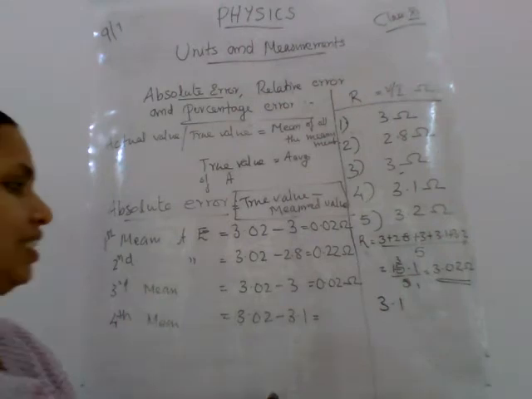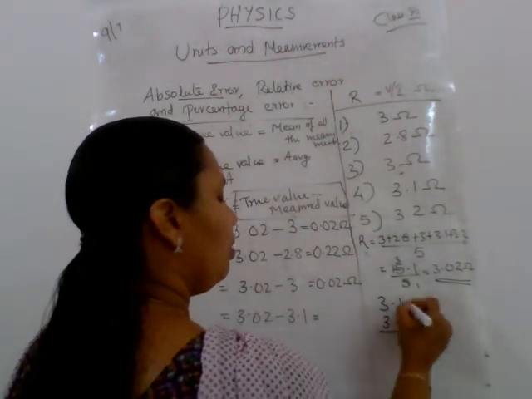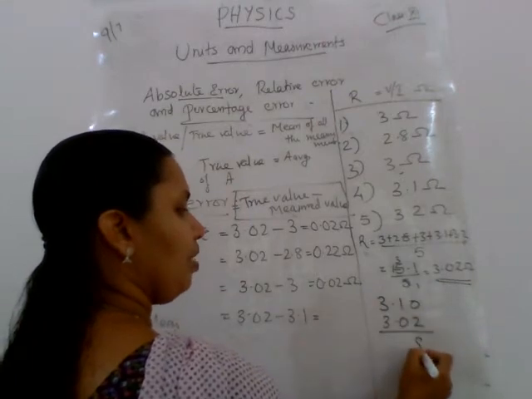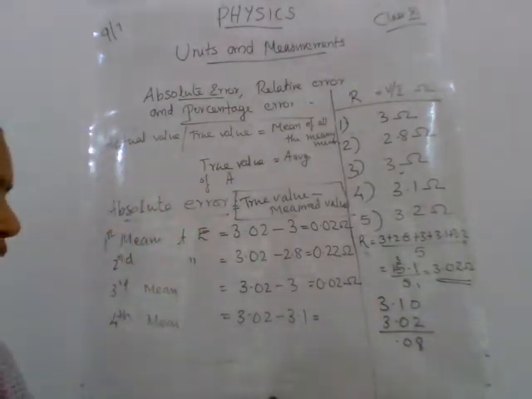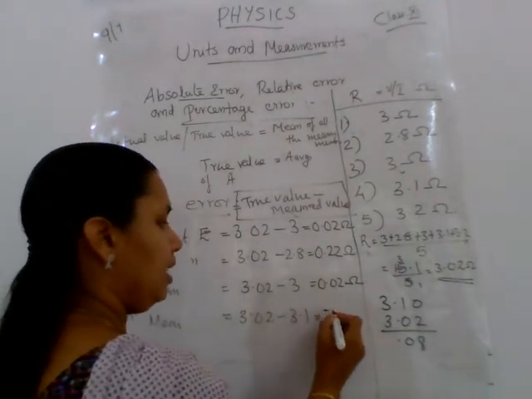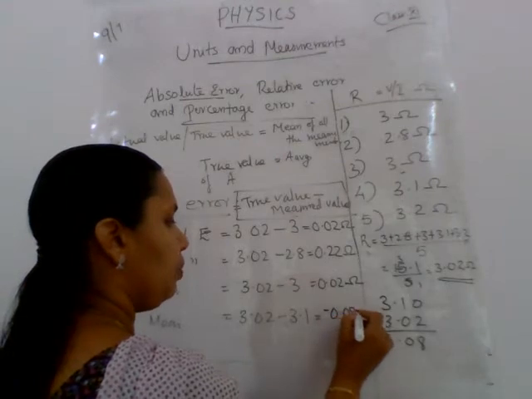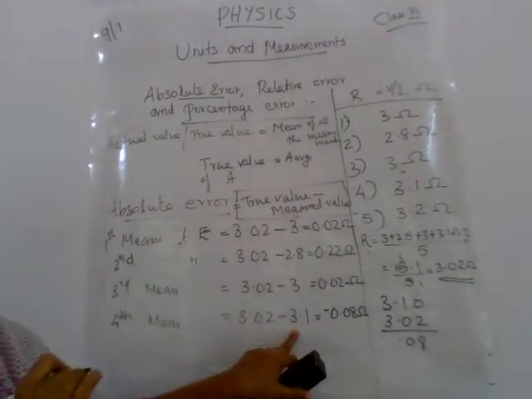Sorry, 3.1 is the bigger quantity. So 3.1 minus 3.02. How much is it? 8, isn't it? 0.08. And is it plus or minus? It is minus 0.08 ohm. Isn't it? The bigger one is 3.1.